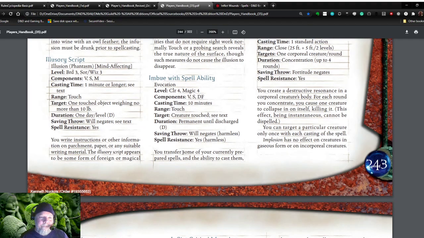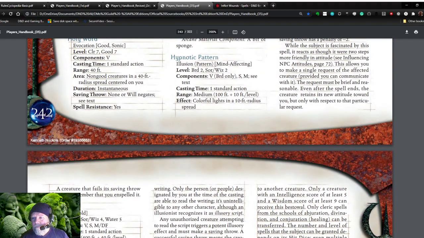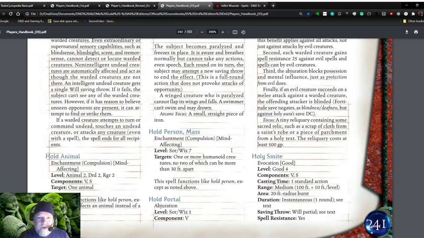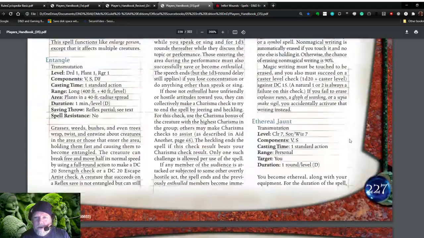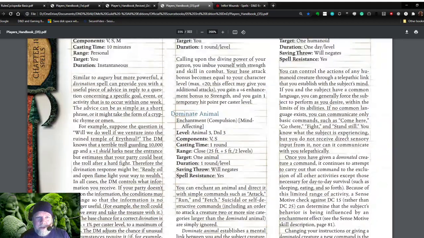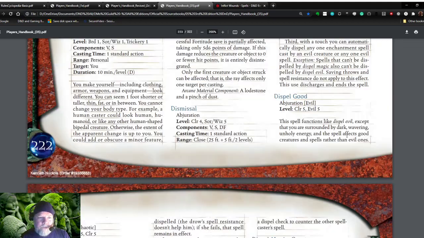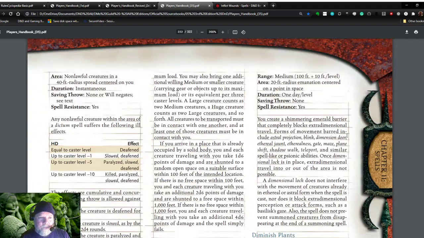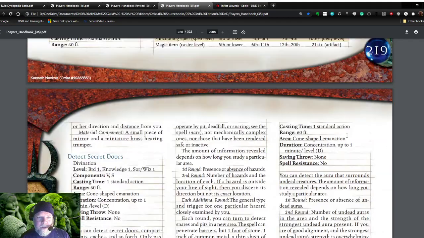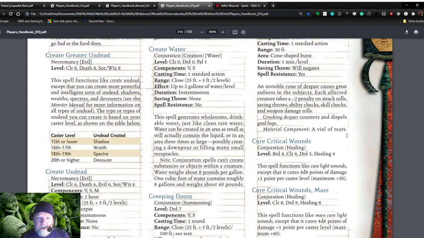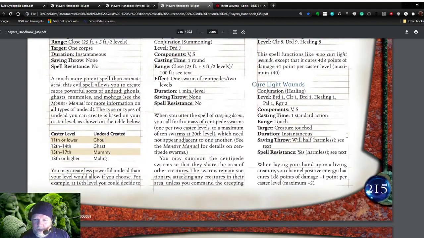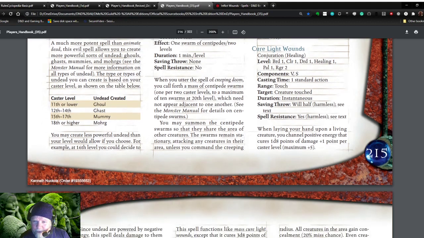And I think if we go back up to Cure Light Wounds, I think we're going to see that with Cure Light Wounds, when laying your hand upon a living creature, you channel positive energy that cures damage.